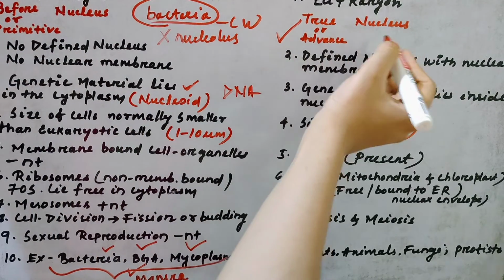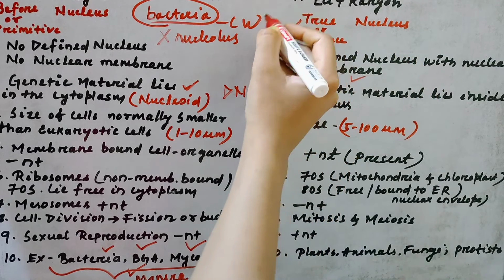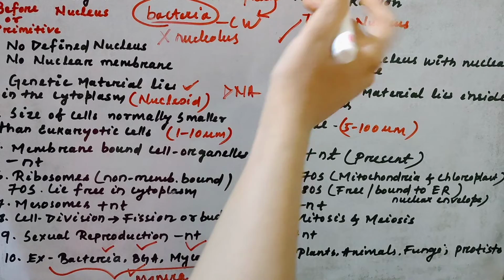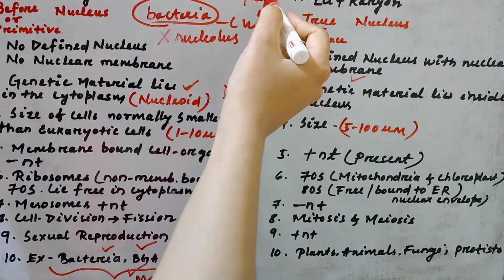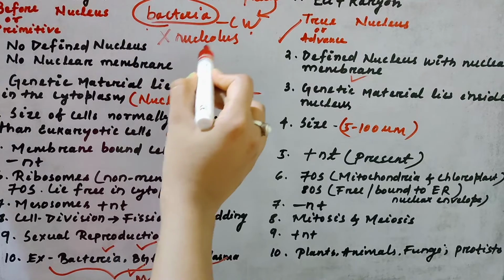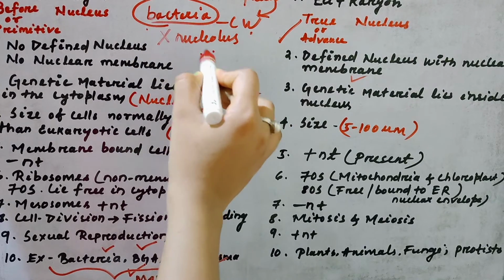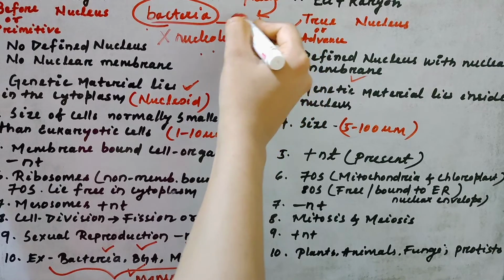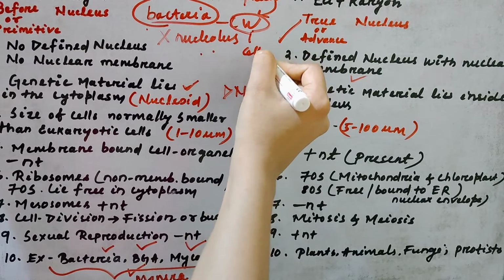In eukaryotes, in plant cells, cell wall is present. In prokaryotes, in bacteria, cell wall is present. But this cell wall is non-cellulosic, that is cellulose is absent, but the cell wall of plants contains cellulose.